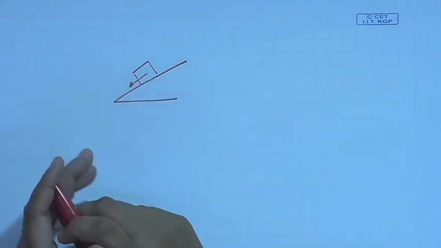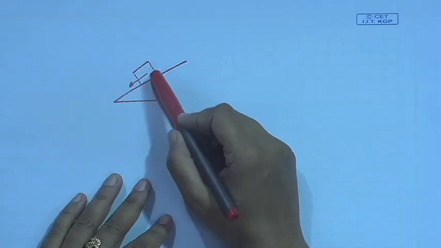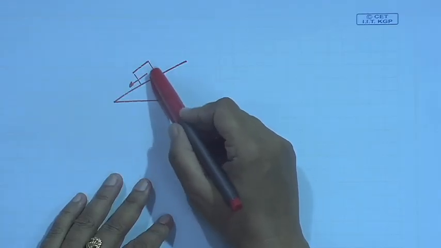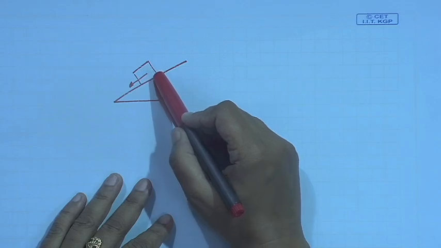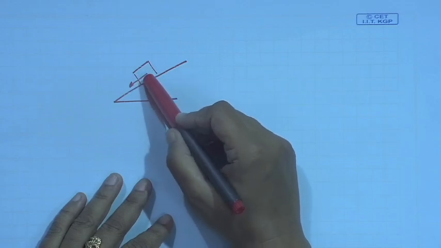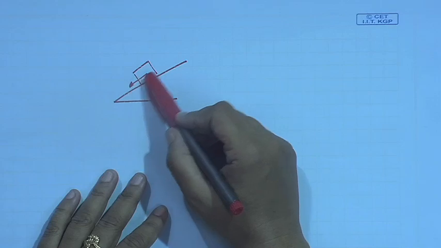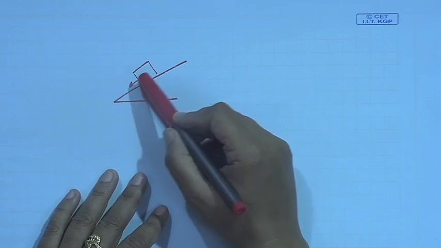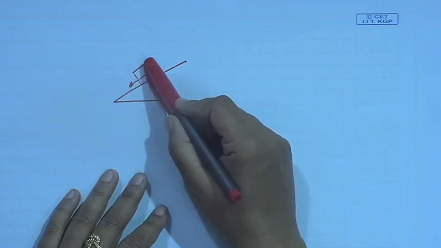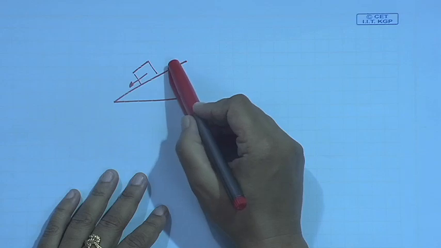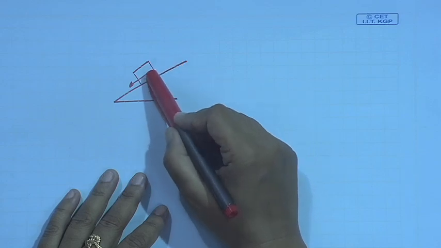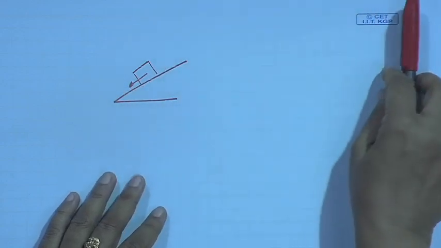So, in order to perform the physical analysis, what we first need to do is make a free body diagram of the body, or in other words separate the body from its surroundings, make the free body diagram and then start the physical analysis.